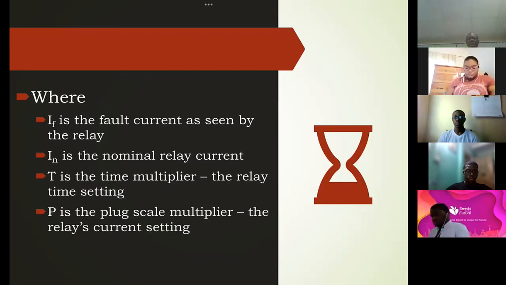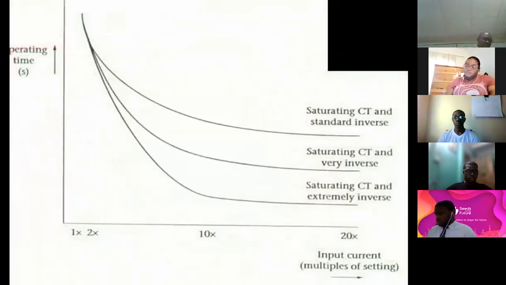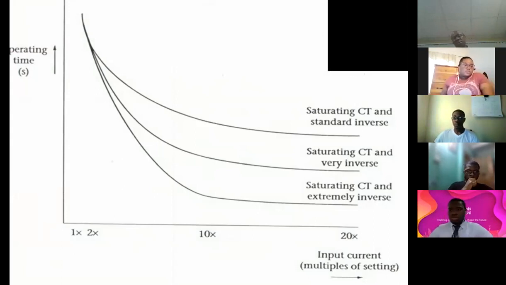Now, just to make a few more comments regarding the three inverse characteristics. We are showing the saturation curves in terms of the CT output to the relay, right?